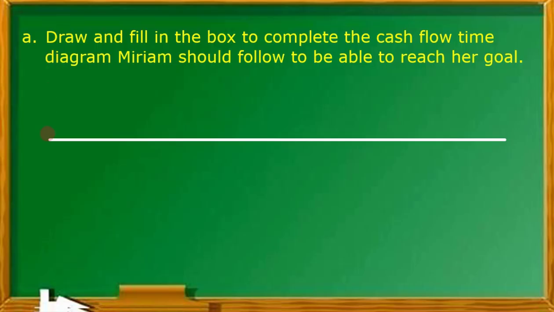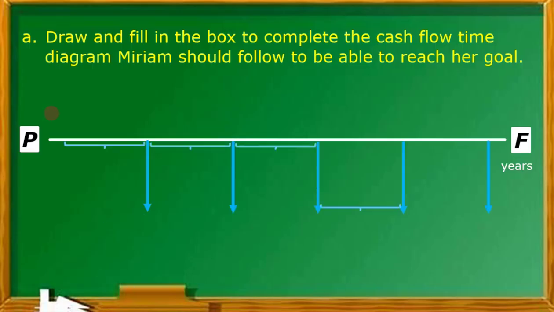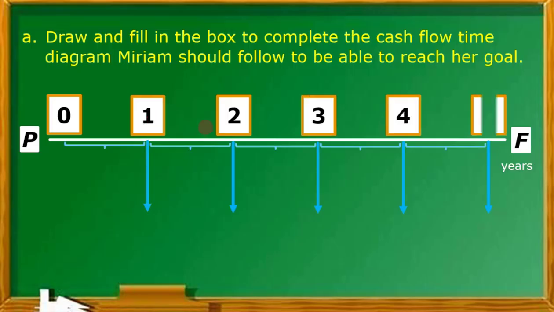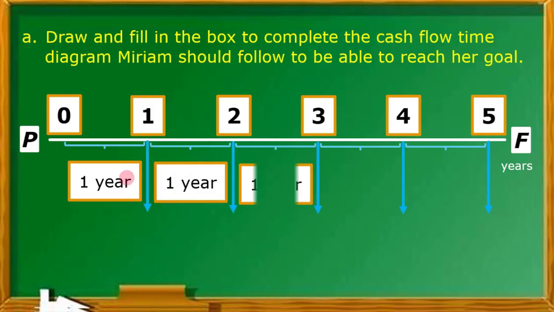So, let's fill in the time diagram. How many years do we have? 1, 2, 3, 4, 5. So from year 0, year 1, year 2, year 3, 4, and 5. And each term is 1 year.